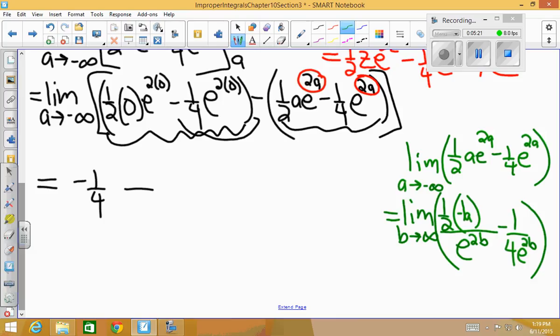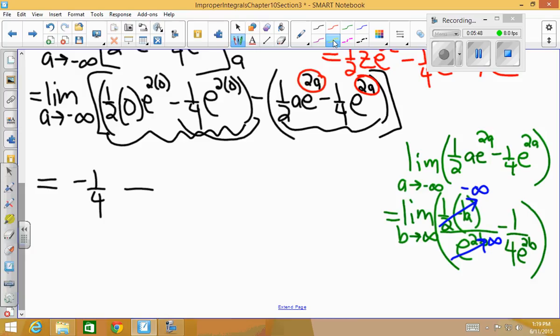Okay, now we notice that as b gets closer to infinity, this factor is going to get closer to negative infinity and this factor is going to get closer to positive infinity. So we have an indeterminate form. We'll come back to that indeterminate form momentarily.